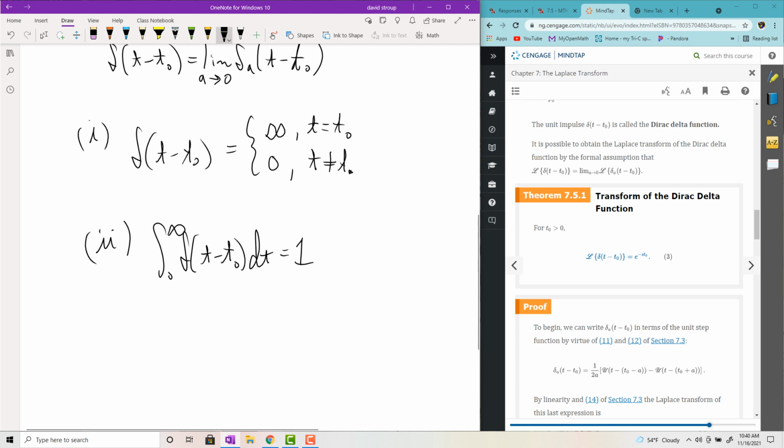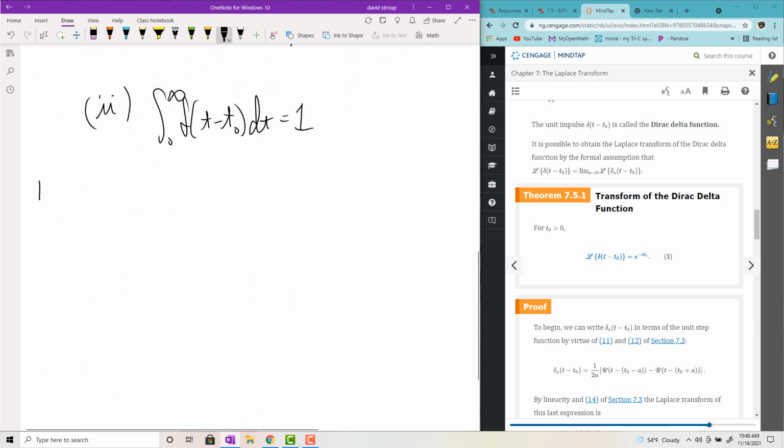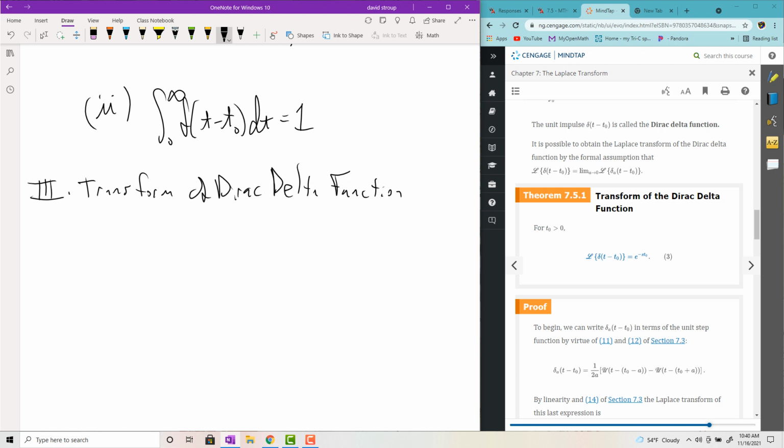So the transform we need to get the homework done, section 3, is the transform of the Dirac delta function. The Laplace transform of delta of t minus t sub 0 is going to be e to the negative s t sub 0.